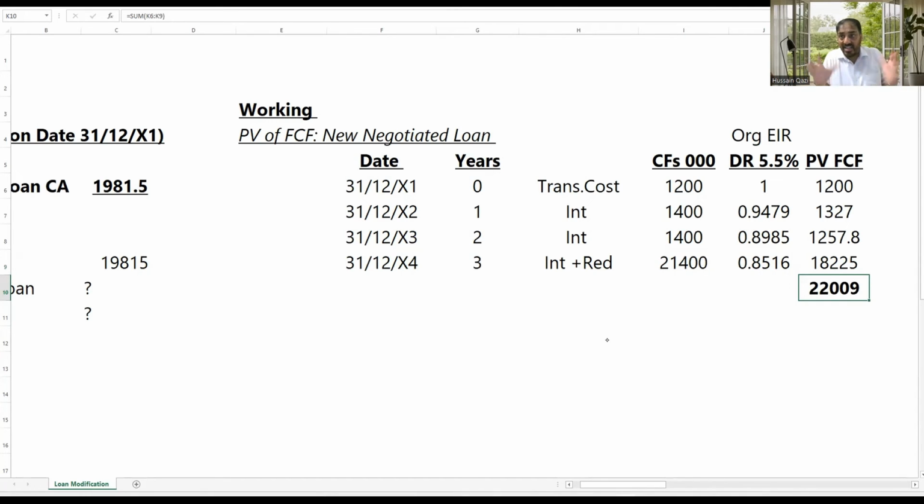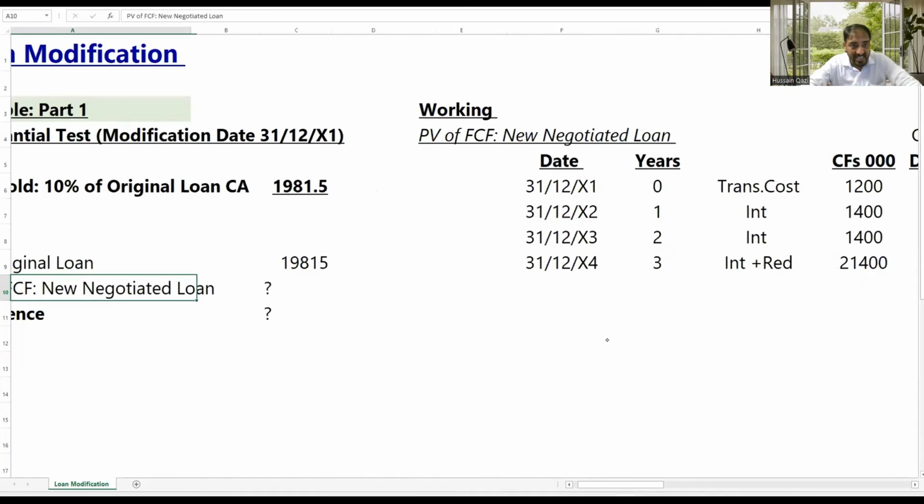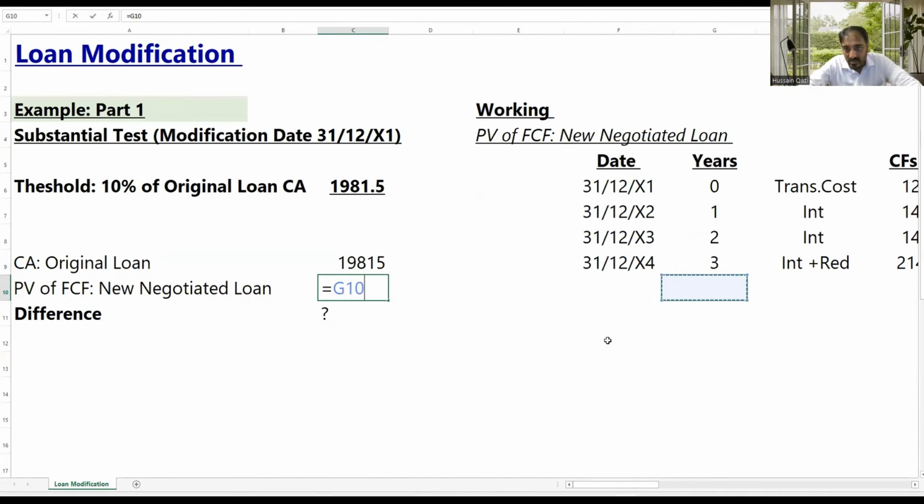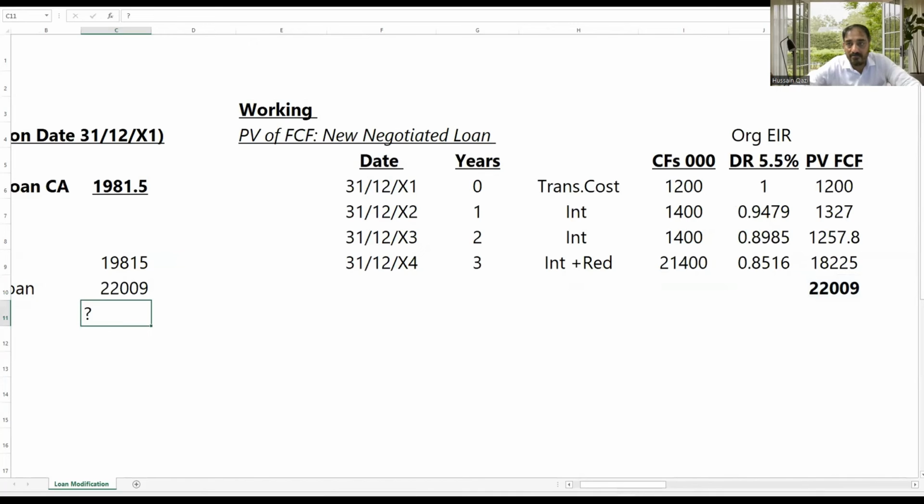We are not discussing accounting here. We are discussing the substantial test, calculating the difference to assess whether it is substantial, yes or no. So this is the total amount.